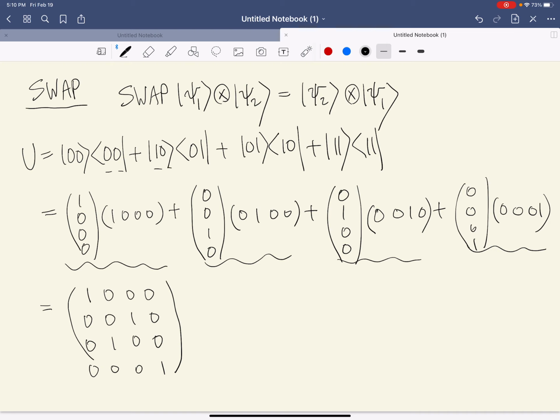Okay. Now, it's an interesting challenge to check that this matrix is equivalent to the following tensor product.